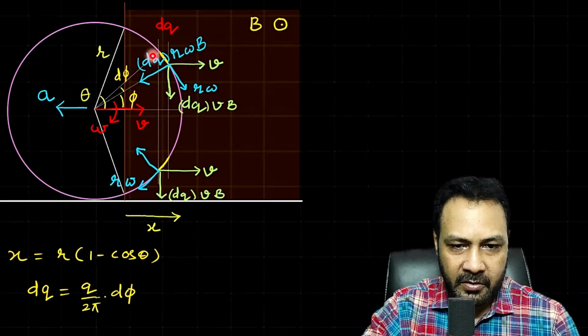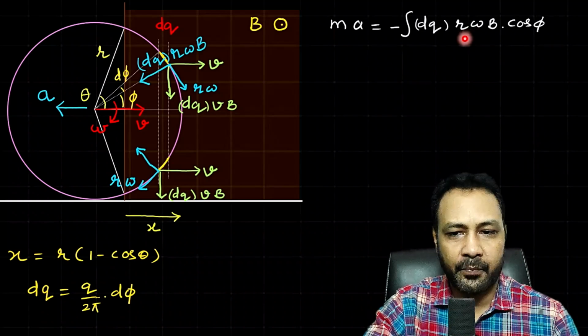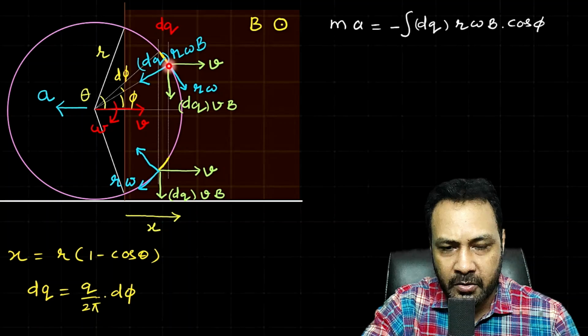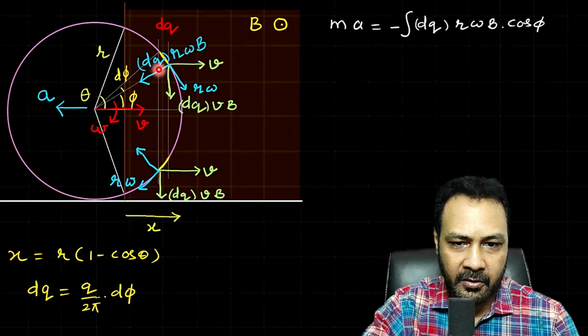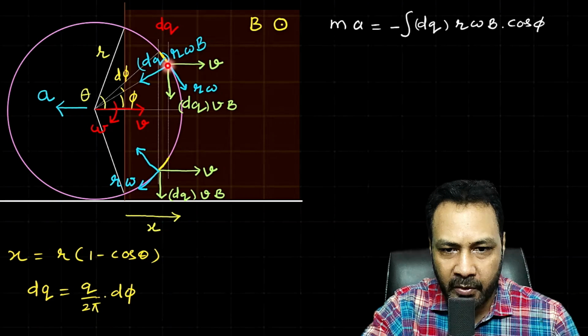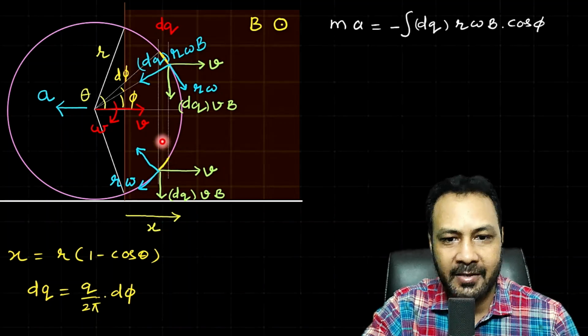So the mass of this ring is m, so I will write the equation ma is equal to f net, and for f net, for these two parts together, I can take this part. For this part, the force dq r omega B, the component in this direction is responsible for the force. This component will get cancelled.